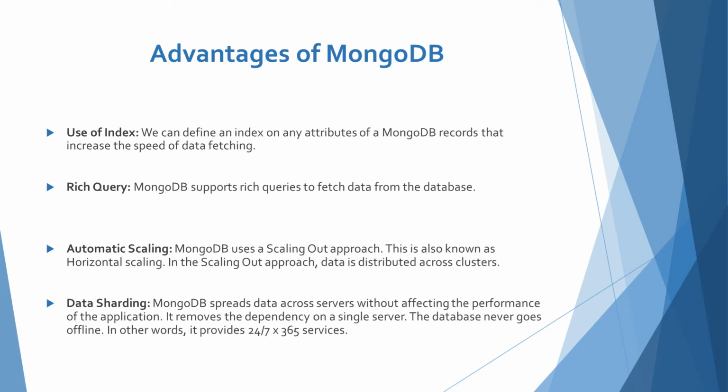With load balancing, the data will be balanced across the nodes, and we can request the data from any node also, and if one node goes down, the other node will be available. That's the reason MongoDB removes the dependency on the single server. If one node goes down, the other node will be available, and also automatic failover is there.